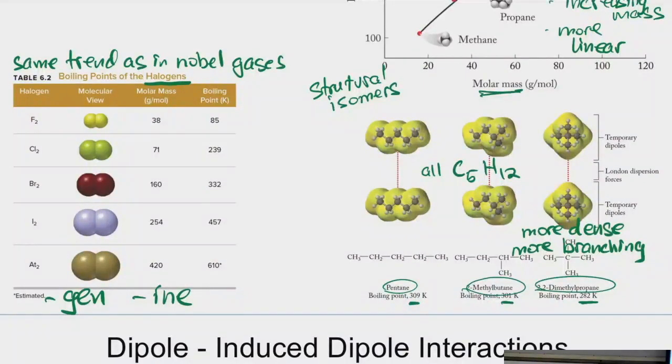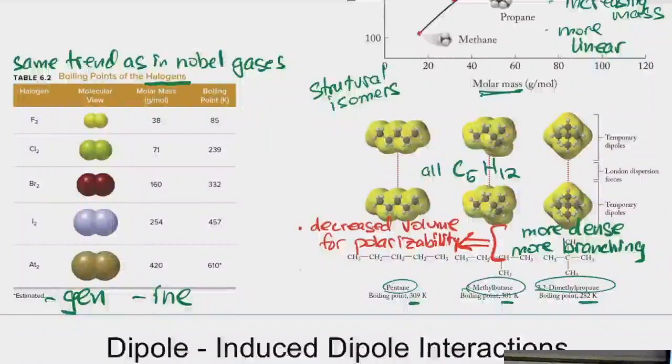Let's highlight these things: we have decreased volume for polarizability, and we also then have, along the linear dimension, more points of contact between the molecules.